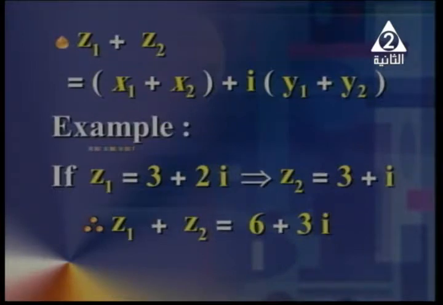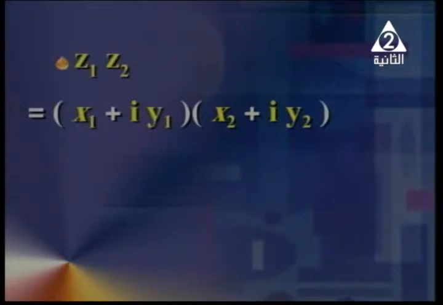When you add two complex numbers, the result is also a complex number. Why? Because z1 plus z2 is 6 plus 3i, where 6 is real and 3i is imaginary.